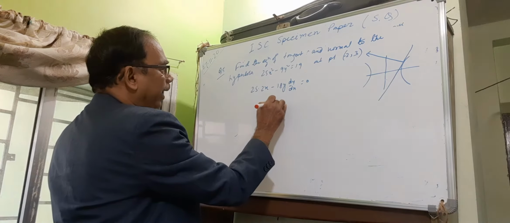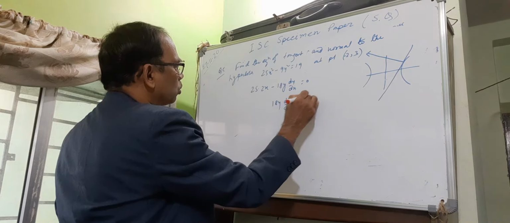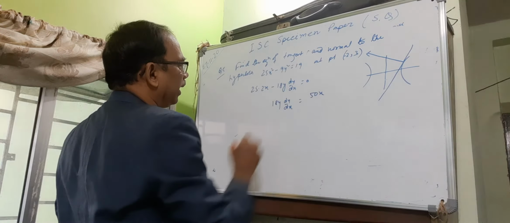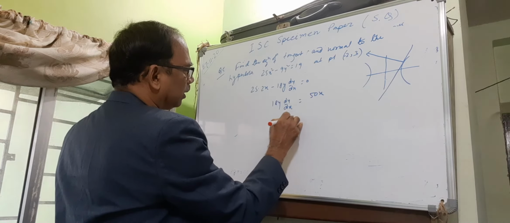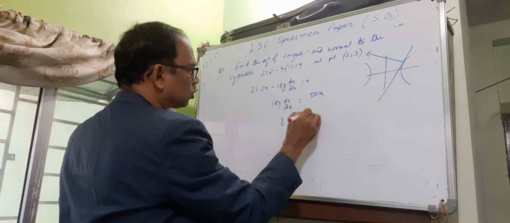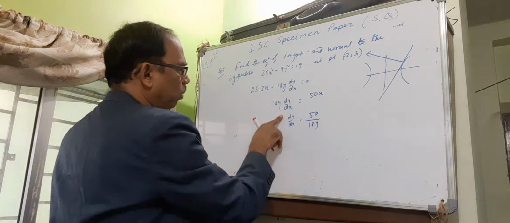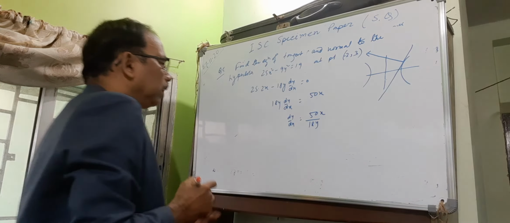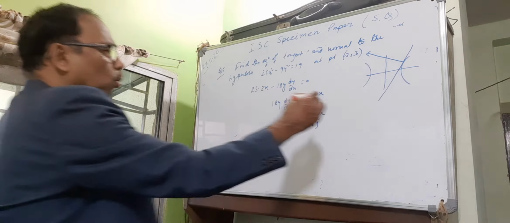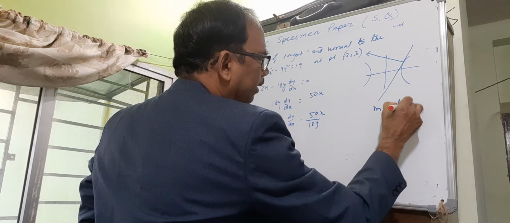Now 18y dy by dx equals 50x, then dy by dx equals 50x by 18y. Now this is the gradient m equals dy by dx.